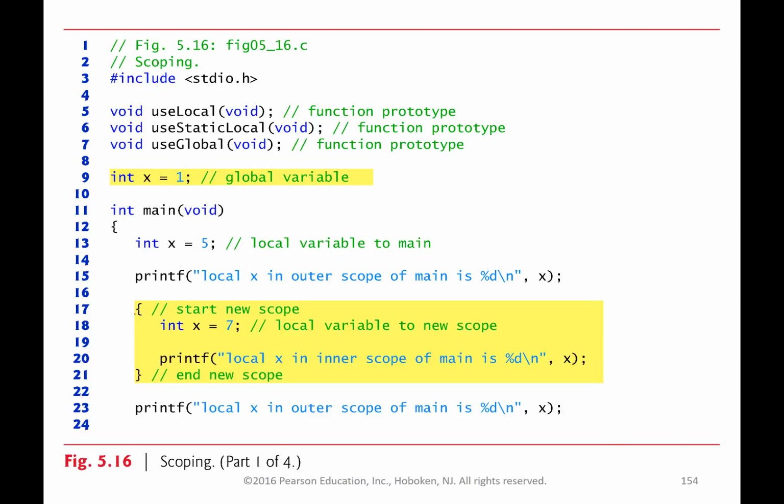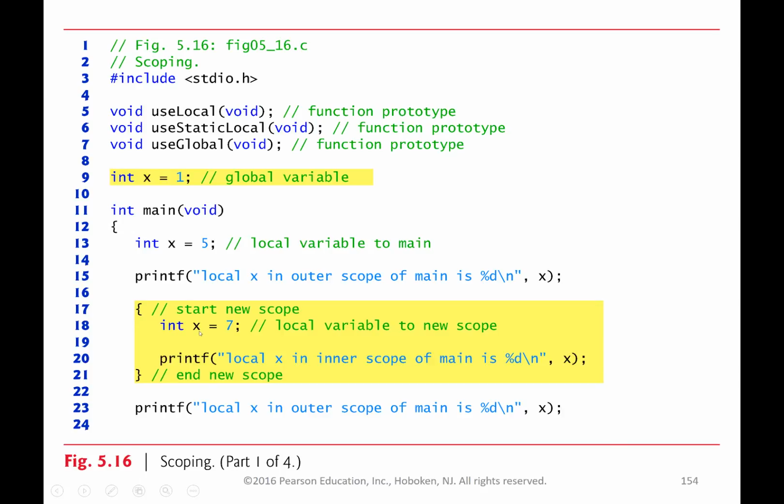Here, this yellow part right here is a block. I don't have to have a for loop or until loop or a function call. I can just put a bracket anywhere and close a bracket, and that forms a block.